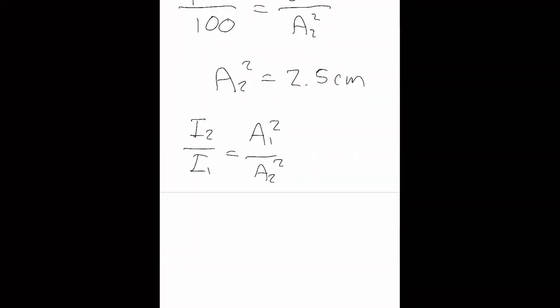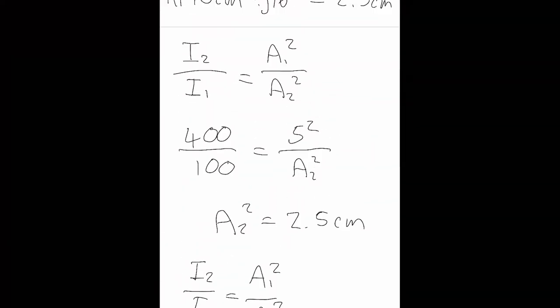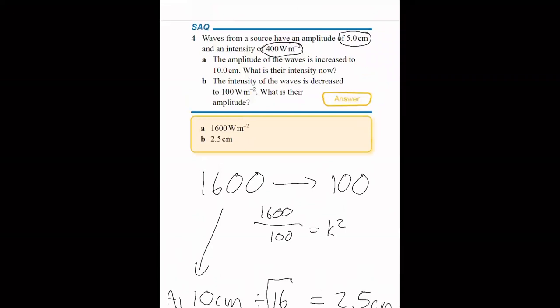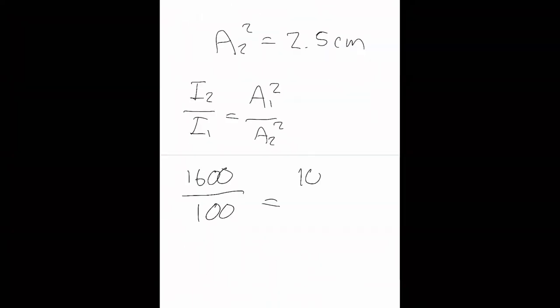You could have said I2 over I1 is equal to A1 squared over A2 squared. And now if you started with the 1600 and you scaled it down to 100, the only difference is now you have to use the new amplitude, which is 10. And in other words, you can put over here 10 squared is equal to A2 squared. And if you solve for A2 squared, you're going to get 2.5 centimeters.